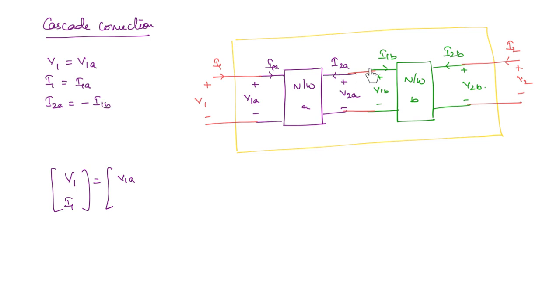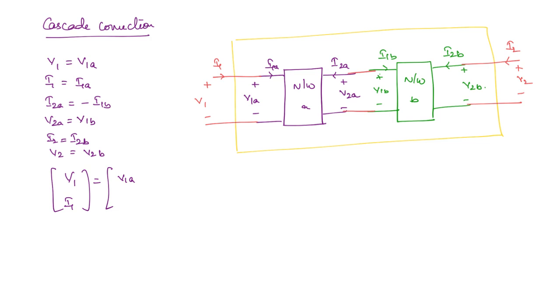See, at this point you have both the currents in the opposite direction. So I2A is equal to minus I1B. But what about the voltages? V2A is equal to V1B. What about the output port? I2 is equal to I2B and V2 is equal to V2B.